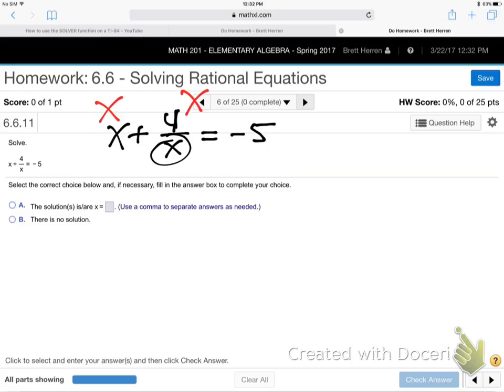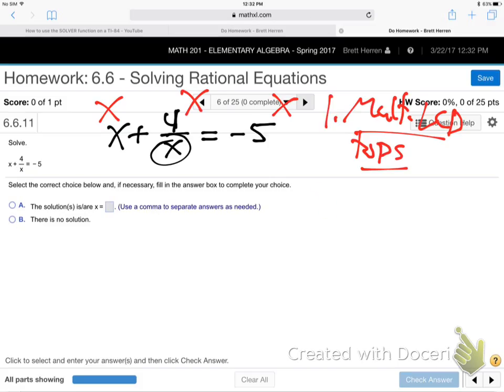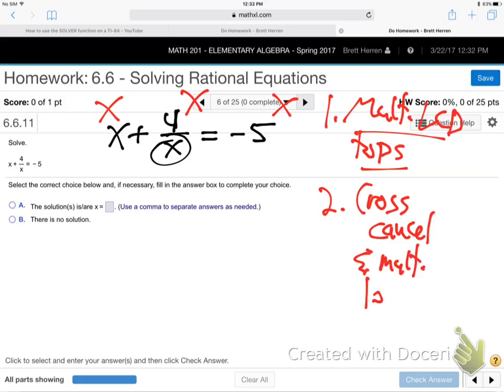Top, top, top. Isn't that what we always do with the LCD on these equals problems? So you multiply the LCD to the tops. Step 1. Step 2, cross cancel and multiply leftovers.